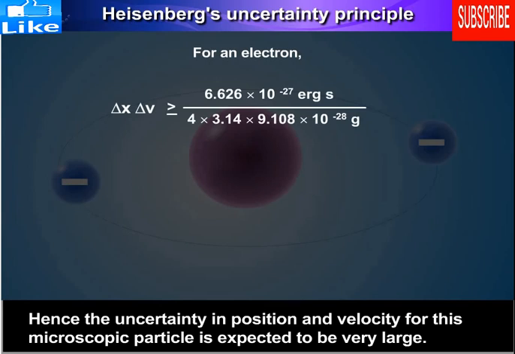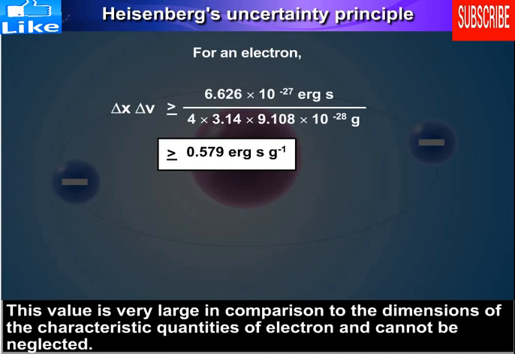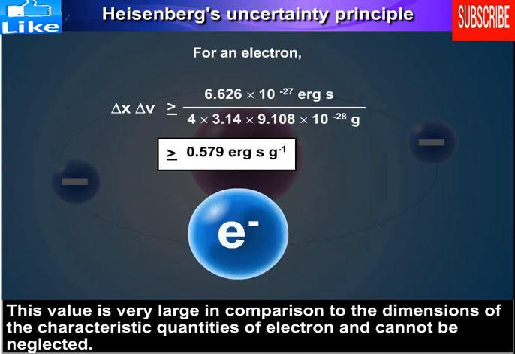For an electron, delta x into delta v is equal to or greater than 6.626 into 10 raised to minus 27 erg-seconds upon 4 into 3.14 into 9.108 into 10 raised to minus 28 grams, which is equal to or greater than 0.579 erg-seconds per gram. This value is very large in comparison to the dimensions of the characteristic quantities of the electron and cannot be neglected.